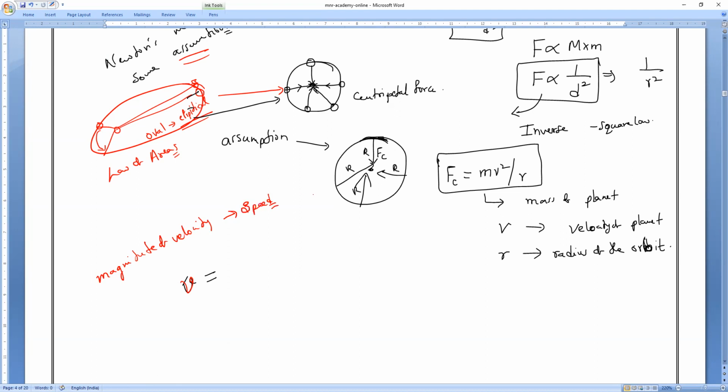So what is the speed formula in circular motion? First chapter we studied. Anybody?